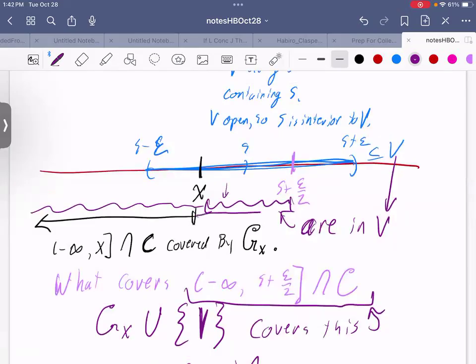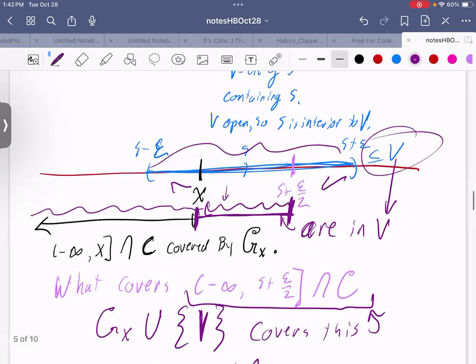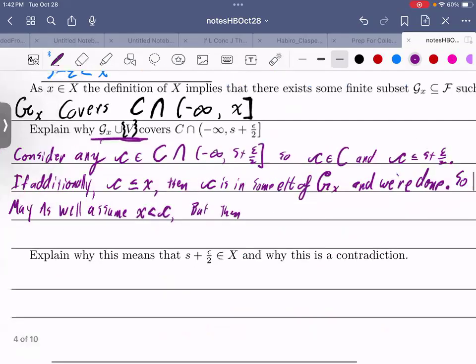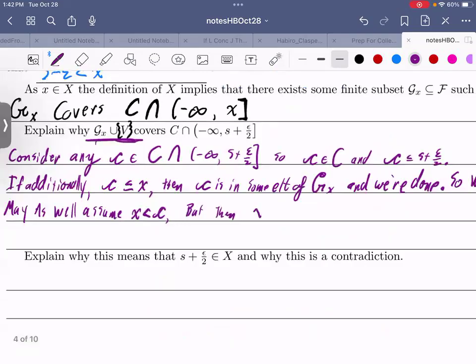So it's in between X and S plus epsilon over 2. But X is greater than S minus epsilon, and S plus epsilon over 2 is less than S plus epsilon. So it's actually in this blue interval. That's a subset of V. But then what do we have? Let's just list all the inequalities.